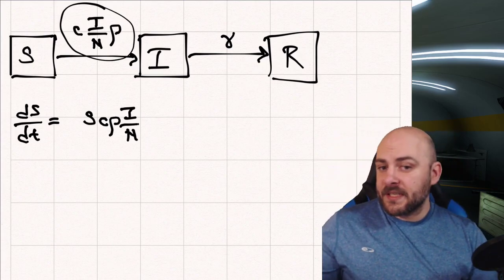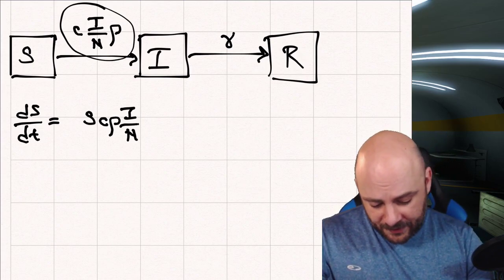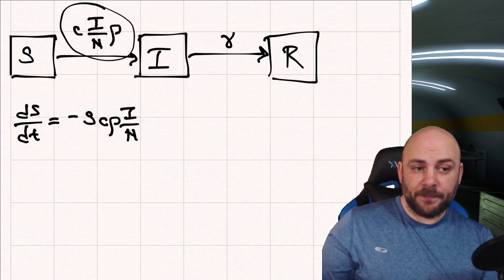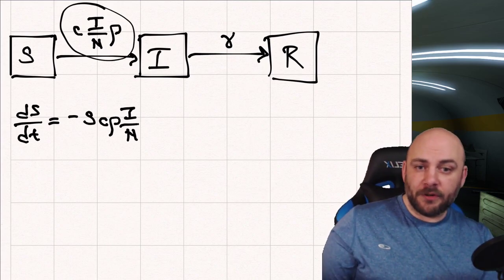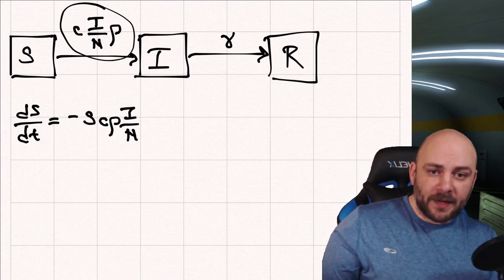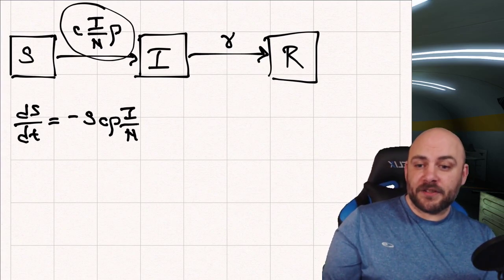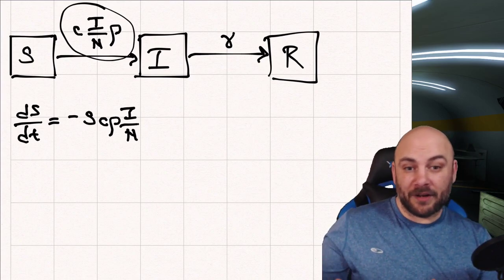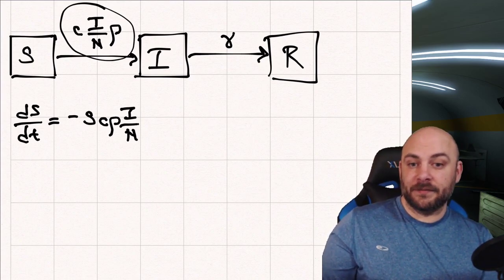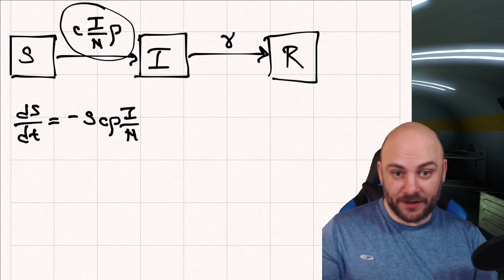It should be decreasing the number of susceptibles, right? So I've got a negative here. To read this, it's the number of susceptible individuals multiplied by the contact volume that they participate in, multiplied by the probability that an infectious contact results in an infection, multiplied by the probability that one of their contacts is in fact infectious, given random mixing and all this fun stuff.